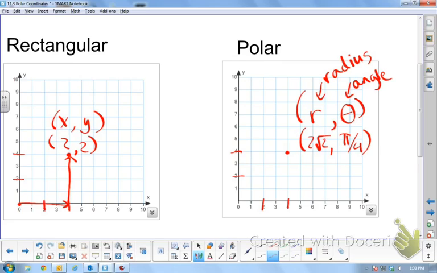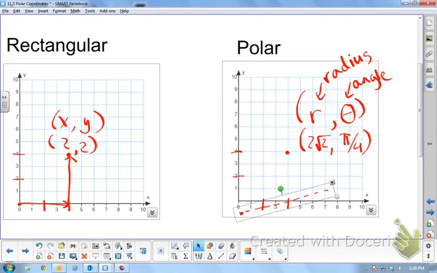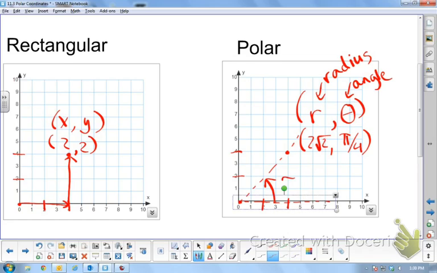If I said pi over 4, you would know we would take some line and rotate it pi over 4 radians.